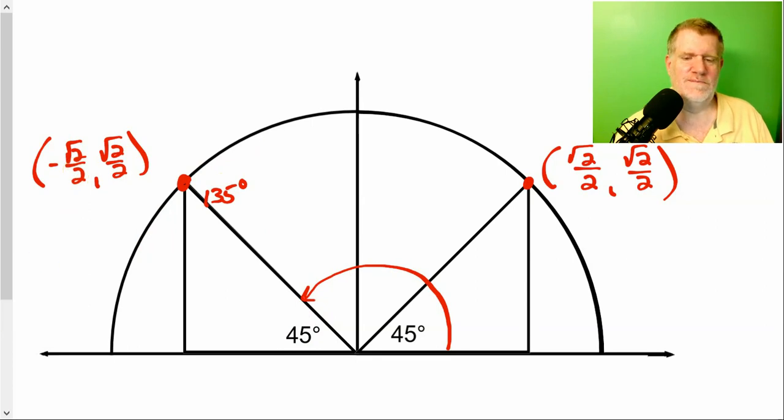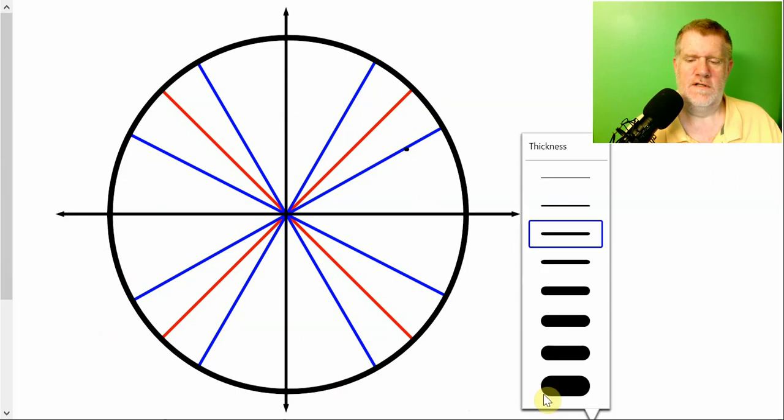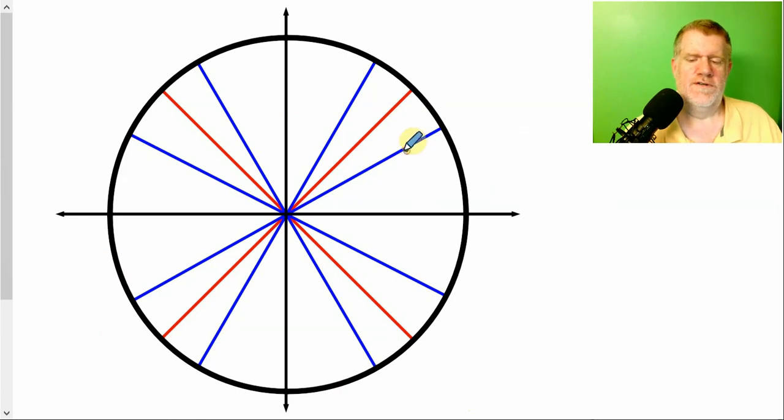Now, can we put all this together in all 4 quadrants and all of these angles? Let's do the angles first. Now I'm going to have to write a little tiny on this one, and that's okay. So this is going to be 30 degrees. This is 45 degrees. This is 60 degrees. That's 90 degrees. Remember, that was 0 degrees.